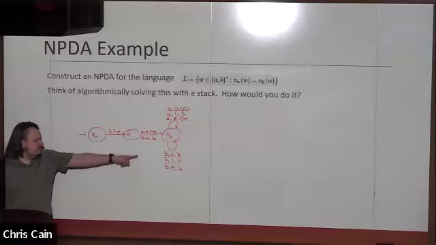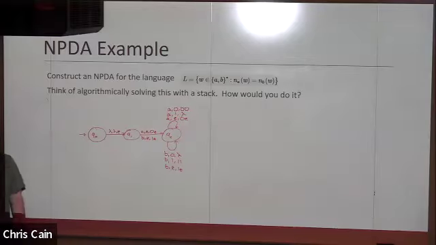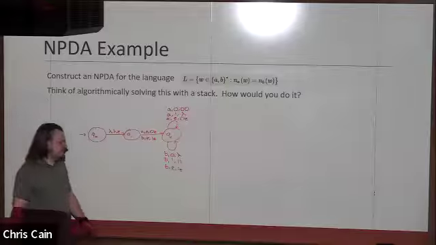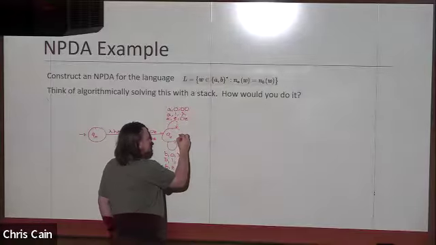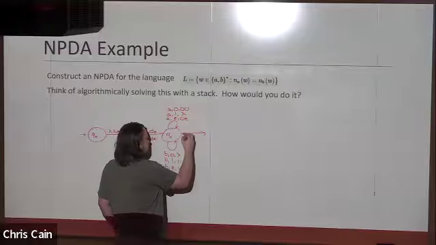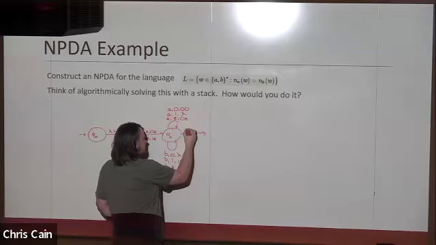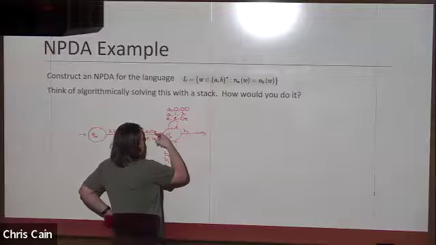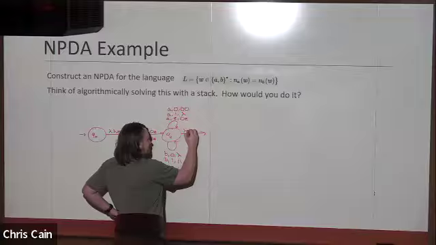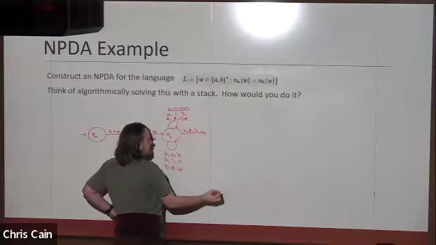In order to move from Q2 to another state, we need to now have the bottom of stack character, and then we need to remove it. So we are going to have a single transition out of here on the bottom of stack character. We read nothing from the input. We're going to pop a Z and push nothing.